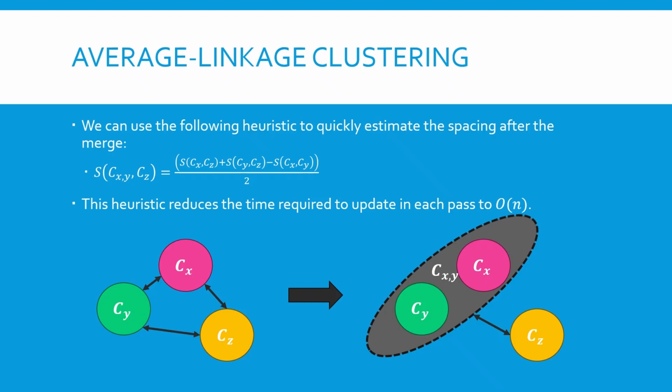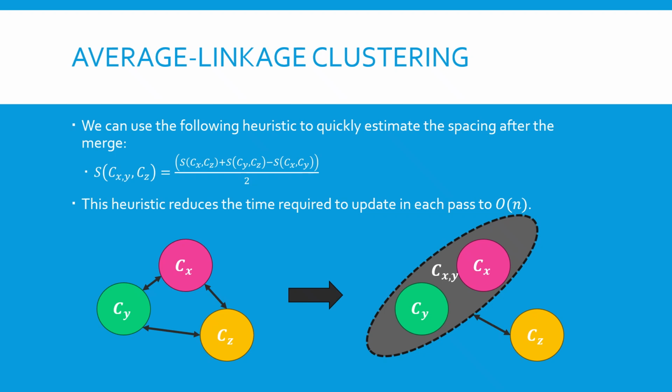To avoid recomputing the exact spacing, we can use a heuristic to estimate it. After merging Cx and Cy into Cxy, we can approximate the new spacing to another cluster Cz as S(Cxy, Cz) equals (S(Cx, Cz) plus S(Cy, Cz) minus S(Cx, Cy)) divided by 2.